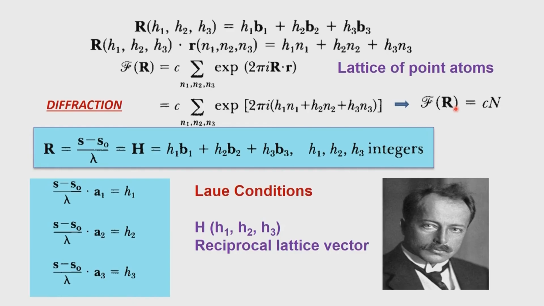So these points become organized, and they get organized in such a way that they have to satisfy this expression: C exponential 2 pi i (h1 n1 plus h2 n2 plus h3 n3), this now being an integer. Only when these integral values are there will you get the light out, and whenever the integral values are not there you will not get the light, and this process is the so-called process of diffraction.